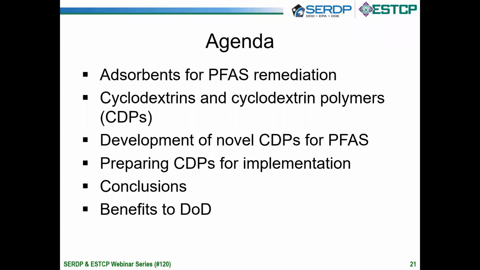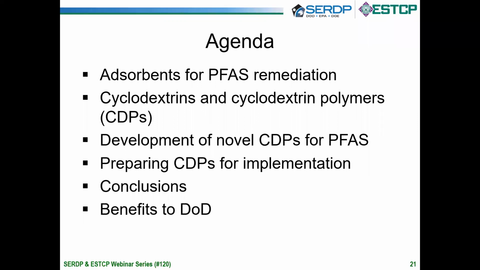So this is my agenda that will take us through the next 23 minutes or so. I will start by introducing some of the conventional adsorbents that are currently used for PFAS remediation and emphasize the need for alternative adsorbents. I will then introduce cyclodextrins and cyclodextrin polymers as new materials that we hope will contribute to PFAS remediation solutions.